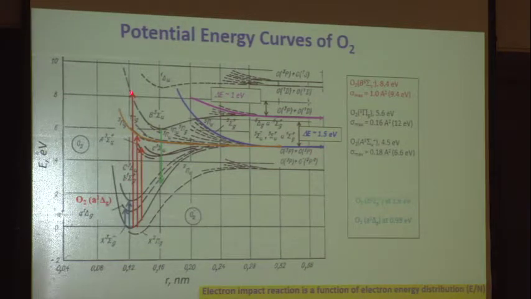If you excite the molecule to here, this molecule will directly dissociate into 2 ground state oxygen atoms, or 1 ground state and another one at 1 delta. So depending on this energy, for high electron energy, you generate this kind of dissociation. For low electron energy, you generate this kind of molecular excitation.